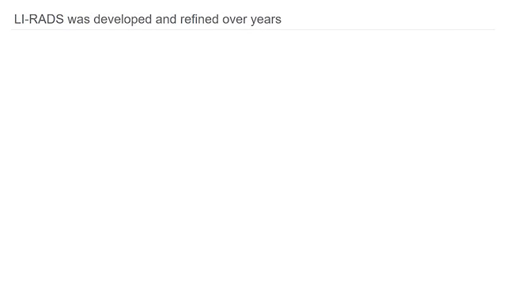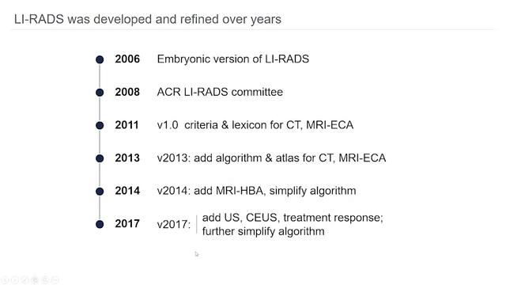So just a few more seconds, I just want to talk about the LIRADS version 2018 release. LIRADS was developed and refined over many years. The first version was released in 2011, and then there were 3 subsequent releases since then, each one improving the algorithm, atlas, and definitions.